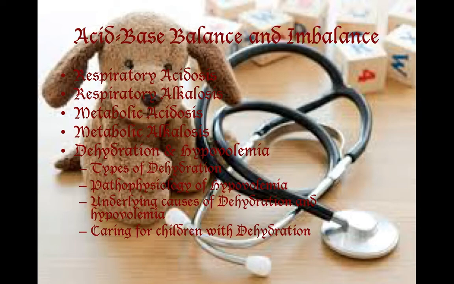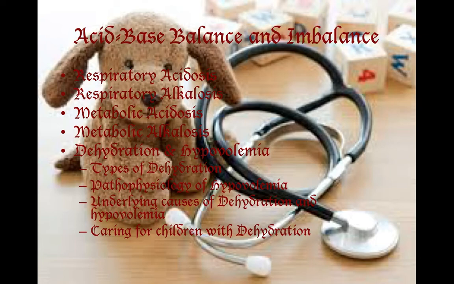Bicarbonate levels are measured by an ABG and range from 22 to 26. To maintain a stable acid-base balance, the body will try to maintain a 20-to-1 ratio between bicarbonate and carbonic acid, and an equilibrium of carbonic acid and dissolved carbon dioxide found in the blood.